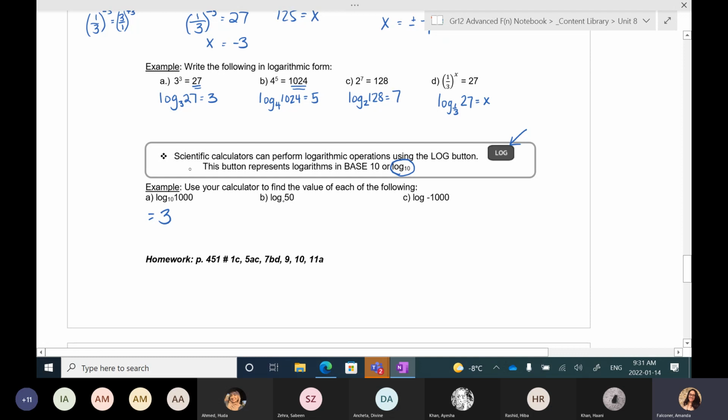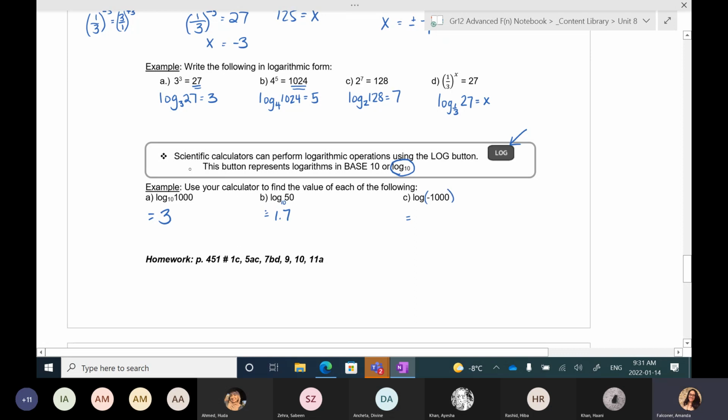Or like when there's nothing written next to the log here and there's no unknown there, that's assumed to be 10 here. So this would be 50 and then the log button, and that would give me 1.7 approximately. And then this is the logarithm of a negative 1000.